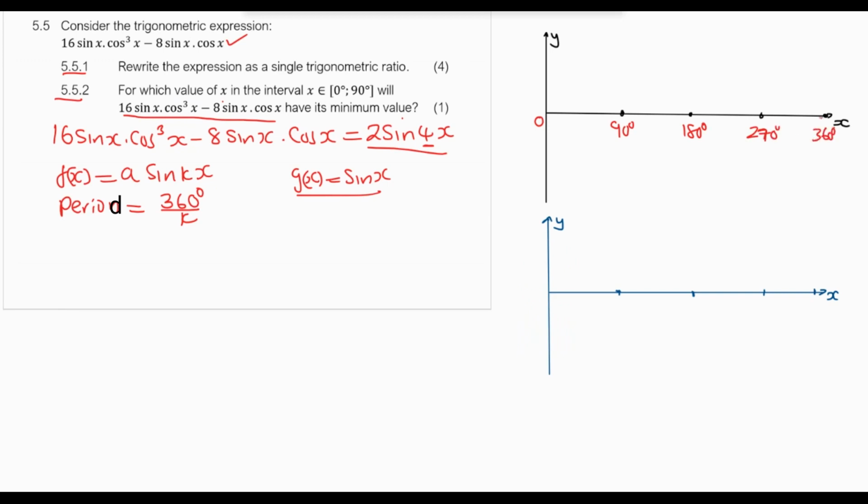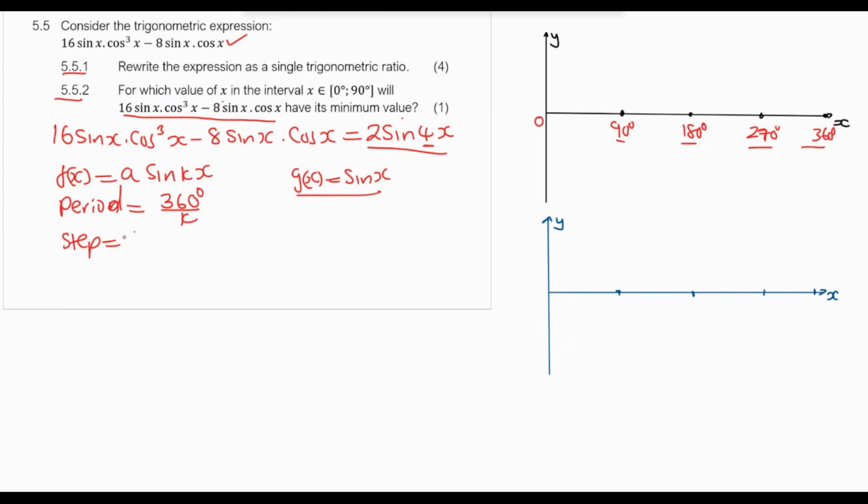So now our period is 360 degrees, and these points, we call them steps. When you're sketching the graphs and you're using a calculator, these are our steps. So our step is 90 degrees. How do we find the step? The step is the period divided by 4 for all the graphs: tangent graph, sine graph, cos graph.